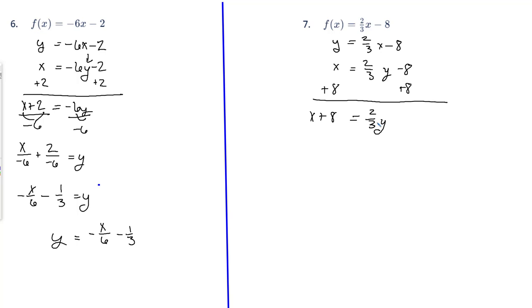Multiplied. So how do you undo multiplication? We divide, which in this case, when you're dividing by a fraction, remember that is multiplying by the reciprocal. So I'm going to multiply both sides by 3/2.